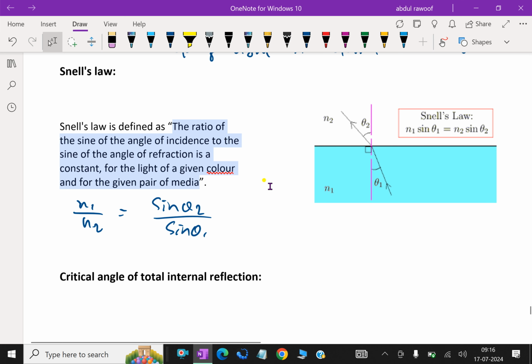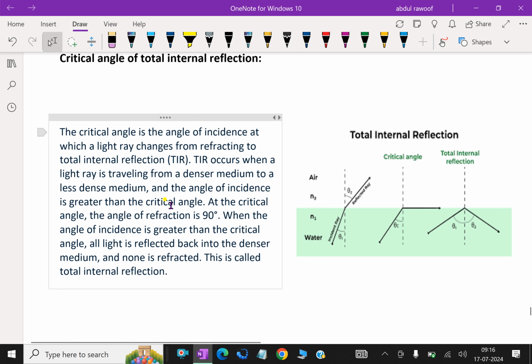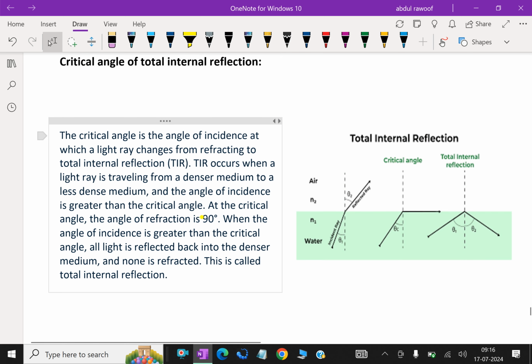Next, what is the critical angle or total internal reflection? The critical angle is the angle of incidence at which a light ray changes from refracting to total internal reflection, TIR.